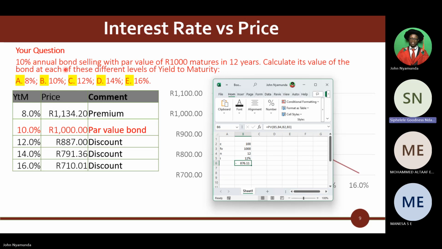Okay, so your 100 is PMT, your N is 12, then FV is 1000, your I is 8. Oh, now you got it correct. Yeah. Okay, cool. So we are on the same page.